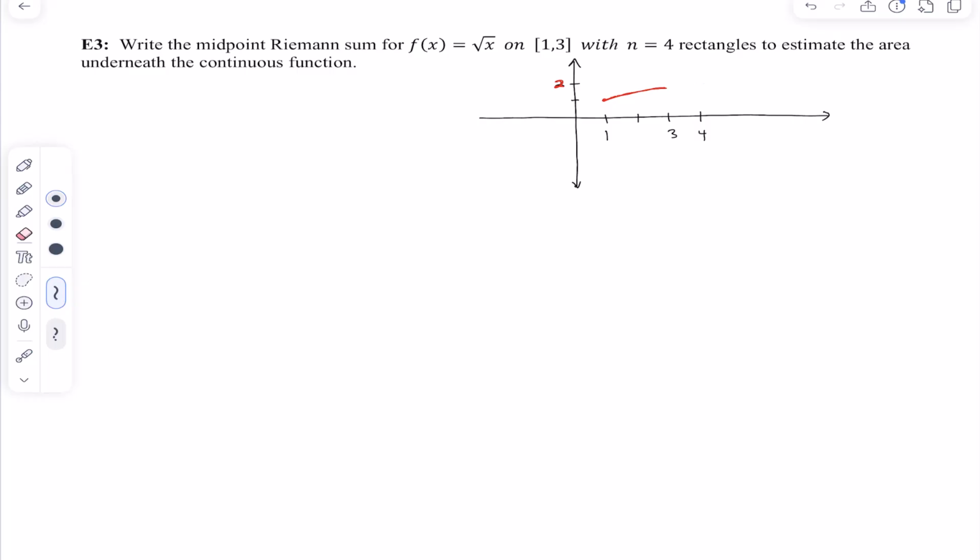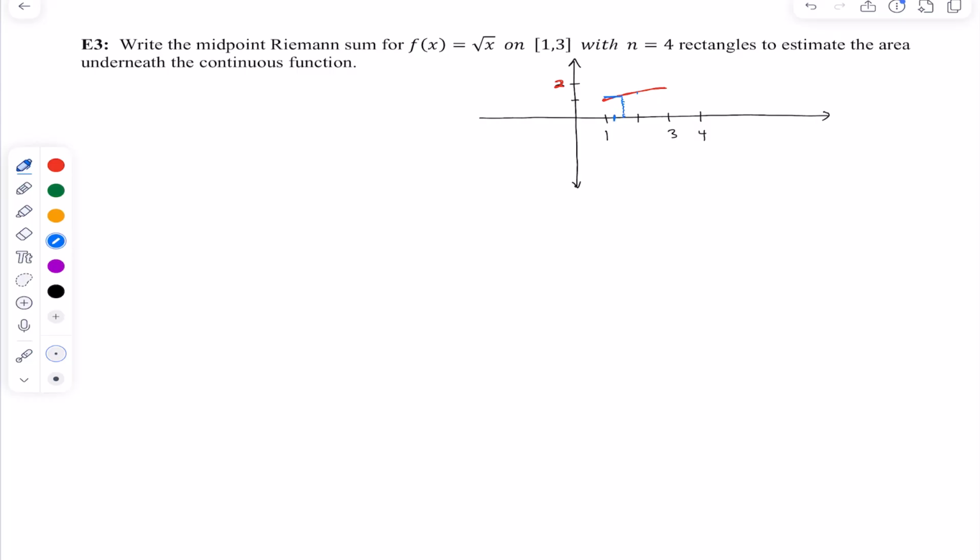Now we're trying to get the midpoint here. So I'm going to fit 4 rectangles in here, and then we draw the horizontal line, the top edge of the rectangle, by crossing the midpoint.